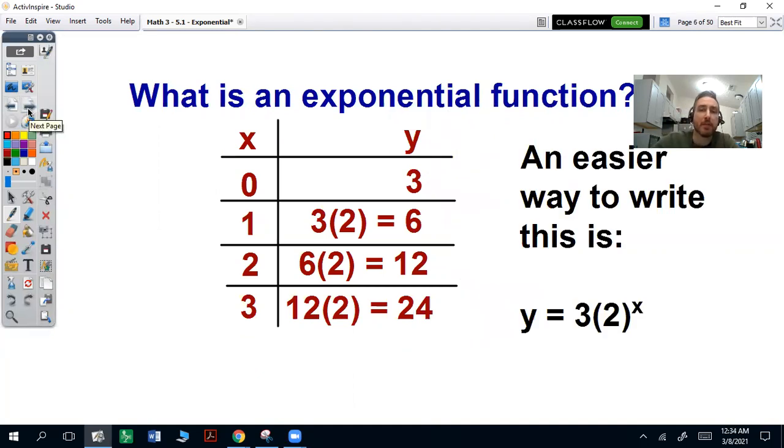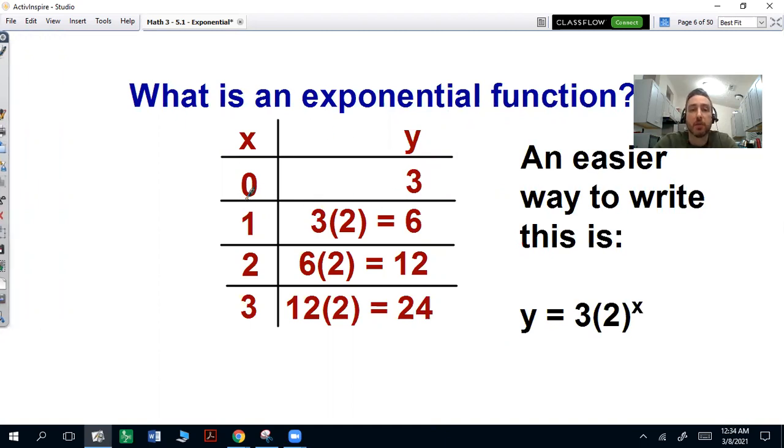An easier way to write this function, your starting amount being basically your y-intercept in this case. When x equals 0, that's going to be the first number you pick. And then each time you multiply by 2, that's your base. So your base is going to be 2.